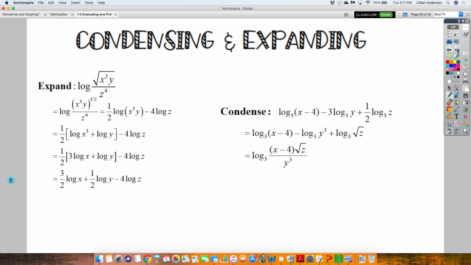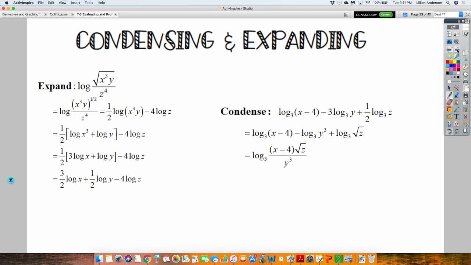Let's take this one. You have the square root of x to the third y over z to the fourth. They rewrite the square root as a 1/2. And then they apply not only quotient with the subtraction, but also power with that 1/2.